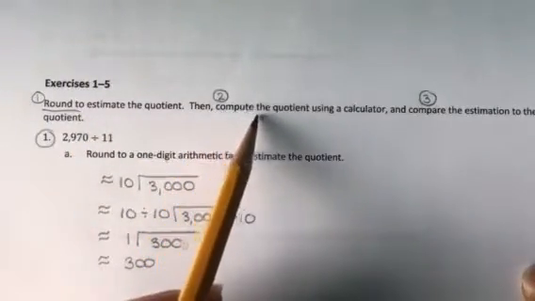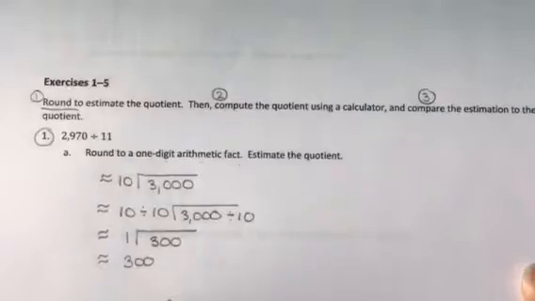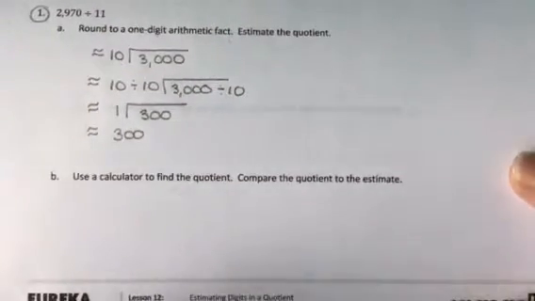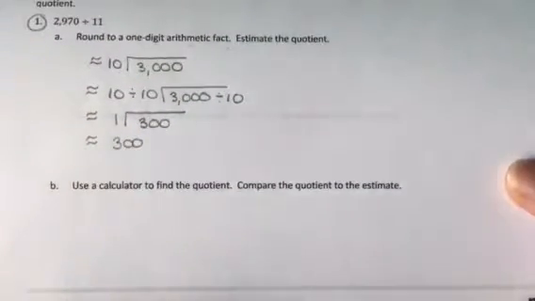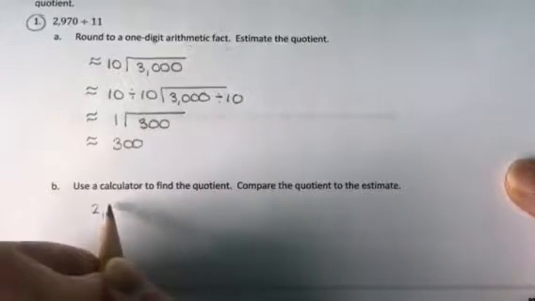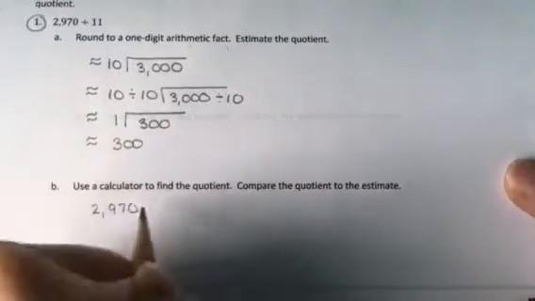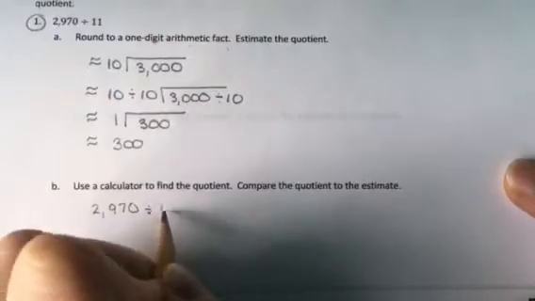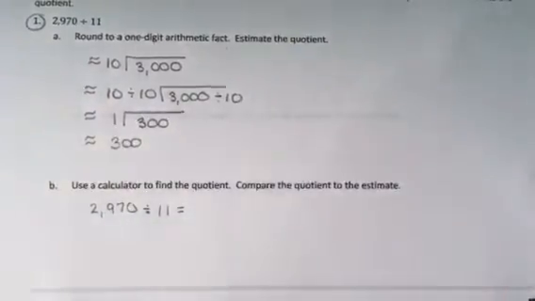For number 2, I need to compute the quotient using a calculator. So for 2, use a calculator. I'm going to just write down 2,970 divided by 11, and then pull out your calculator.